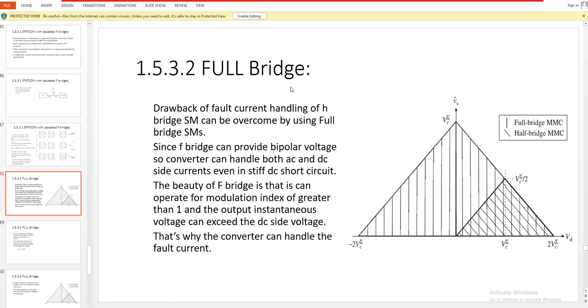So we can assume that the fault current will be low in that case, and the converter is able to control the operation of the converter if a stiff DC fault is occurring at the DC side.